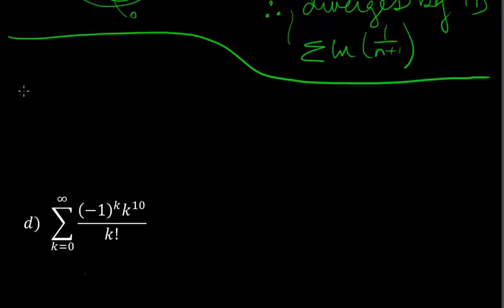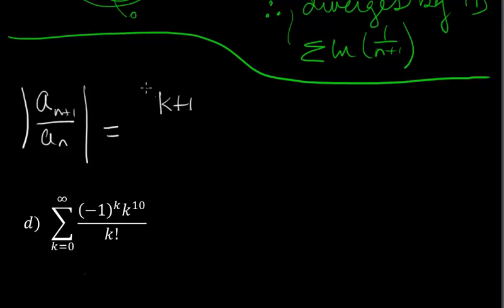Now, the ratio test looks at the limit of the absolute value of a sub n plus 1 over a sub n. So we have to take the absolute value. Remember, when you take the absolute value of a power of -1, it's just 1. So we can just write k plus 1 to the 10th over k plus 1 factorial, and that's over this.